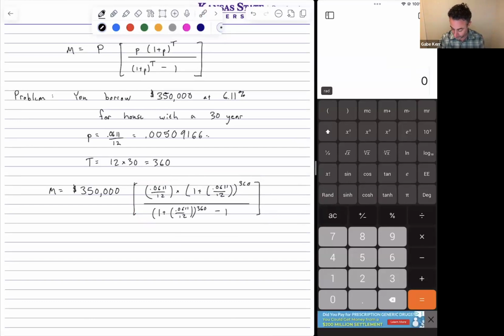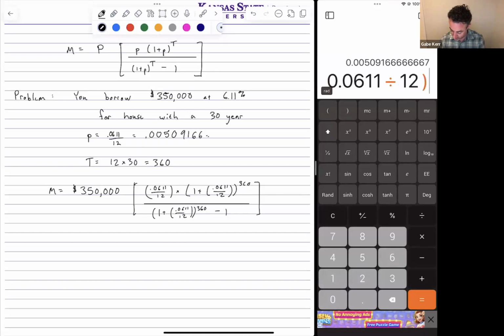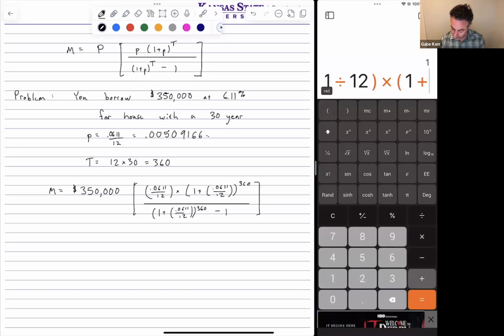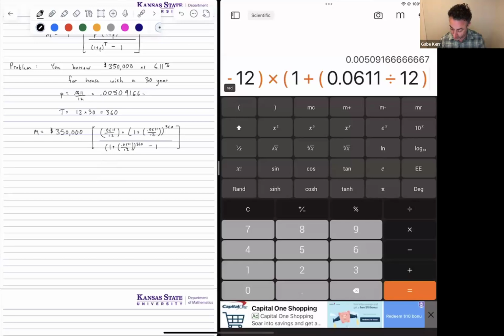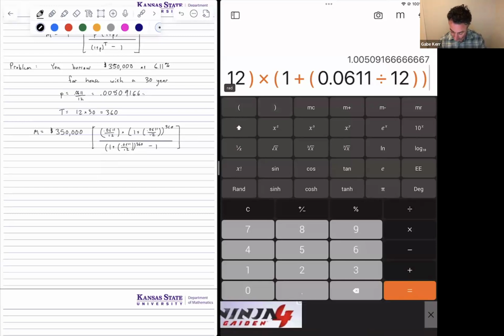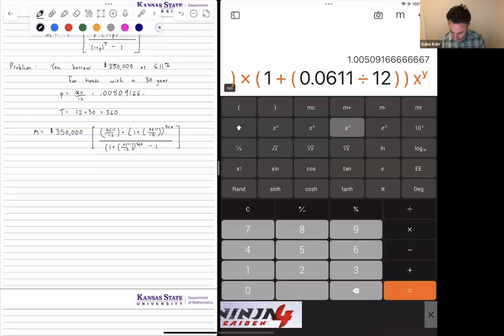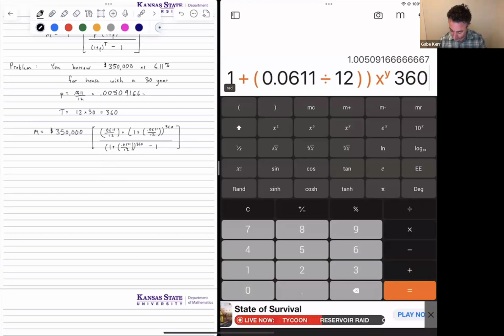So if I calculate that factor, I'm going to use a lot of parentheses here. 0.0611 divided by 12, that's 1, times 1 plus 0.0611 divided by 12, all to the 360th power. Okay.